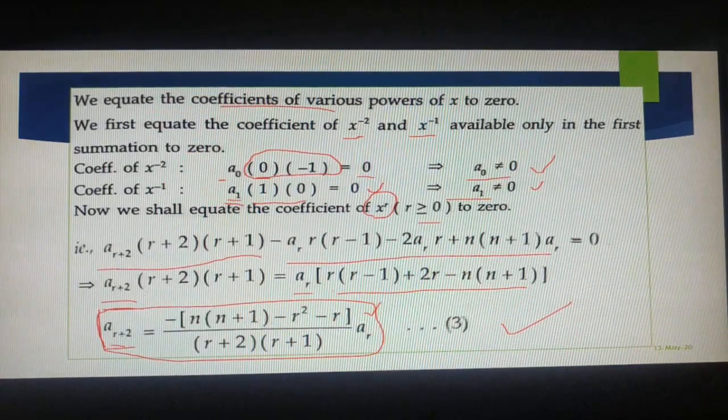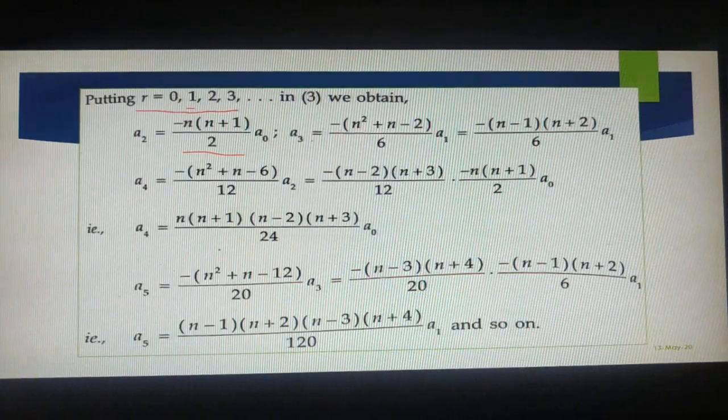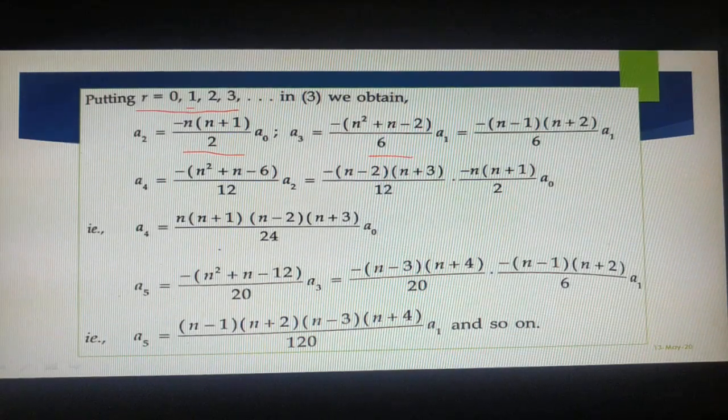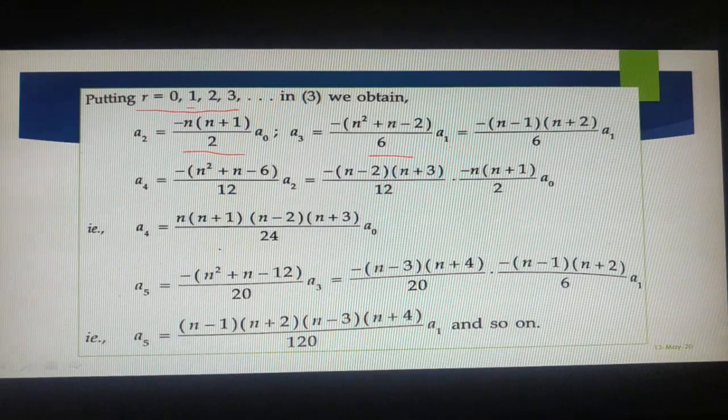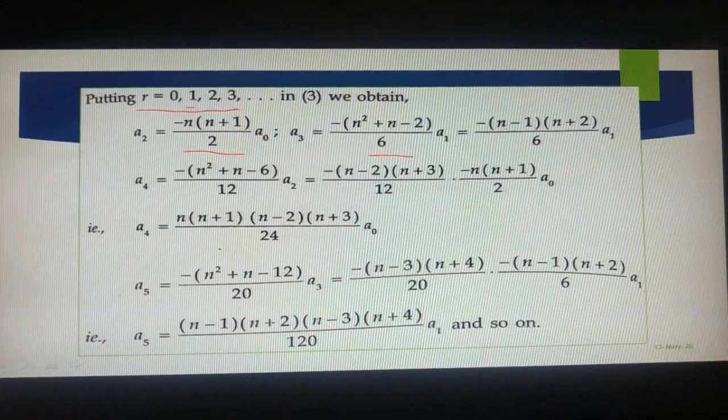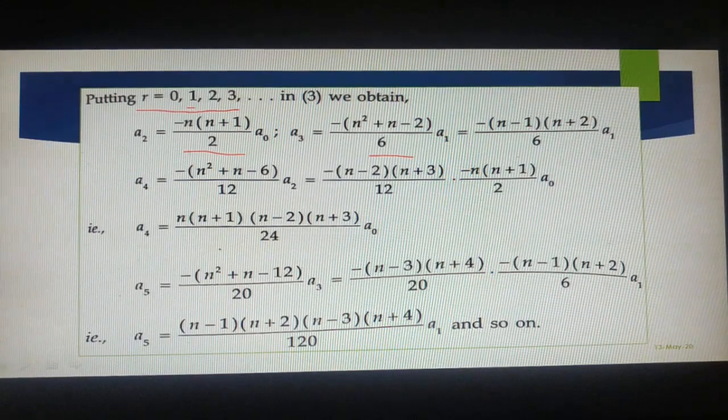Then this is minus n square plus n minus 2 by 3 into 2, that will be 6. So a3 is minus of n square plus n minus 2 by 6 into a1, because we have taken r is equal to 1. Again, minus of n square plus n minus 2 you can write into factors, that is minus of n minus 1 into n plus 2 by 6 into a1.